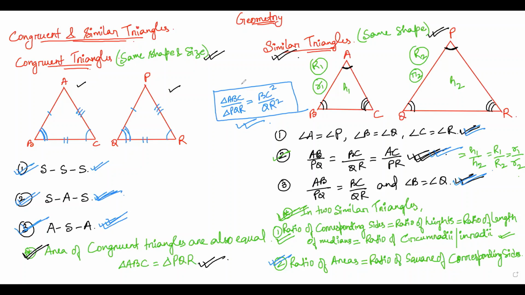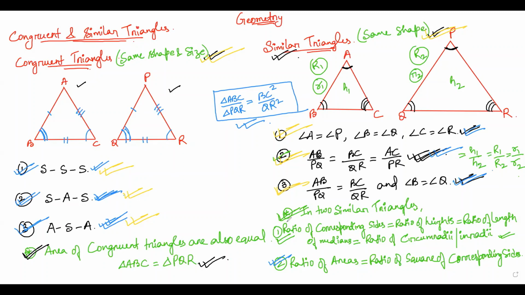So, two triangles are said to be congruent triangles if they have the same shape and size, and two triangles are said to be similar triangles if they have the same shape. Two congruent triangles follow the SSS rule, SAS rule, and ASA rule. And two triangles are said to be similar triangles if three angles of one triangle are respectively equal to the three angles of the second triangle, if the three sides of one triangle are proportional to the three sides of another triangle, or if the two sides of one triangle are proportional to the two sides of the other triangle and the included angles are equal.